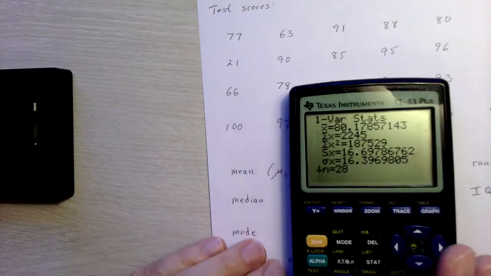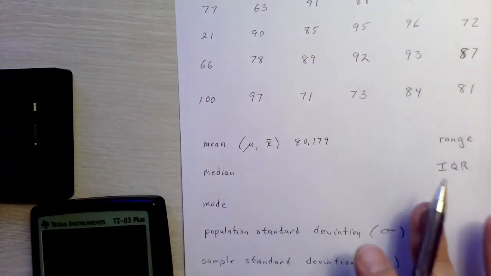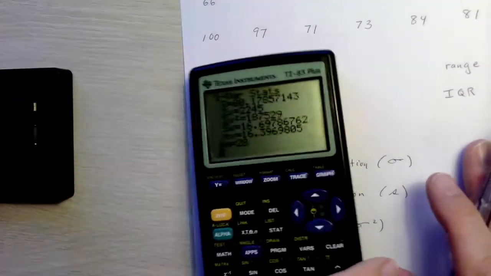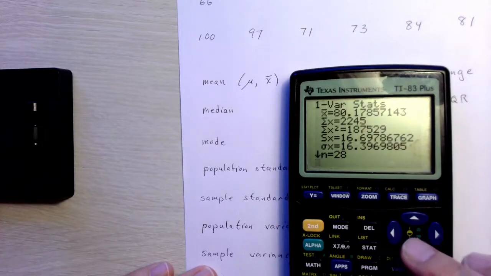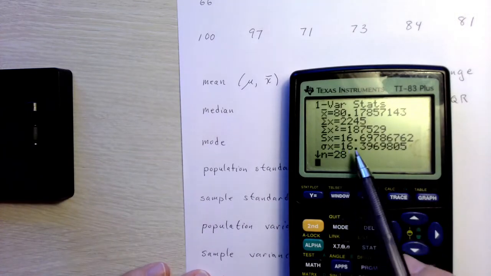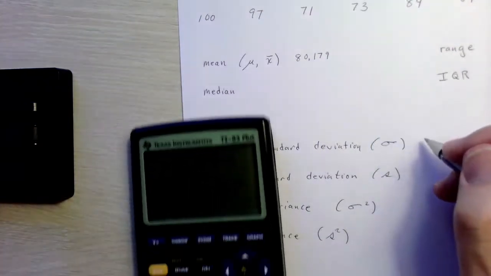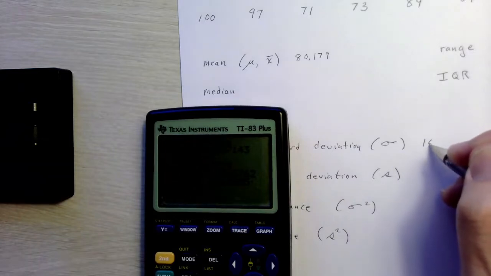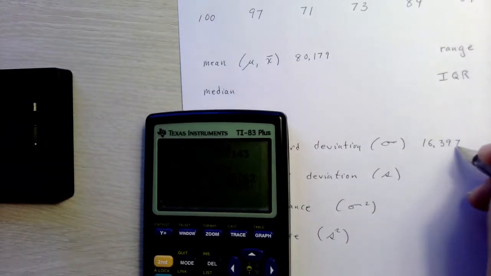The median we'll come back to. The mode we have to compute by hand, so we'll come back and do that. The next thing we want is the population standard deviation, and that's down here where you see sigma x. That's 16.396, or we'll round to 16.397.